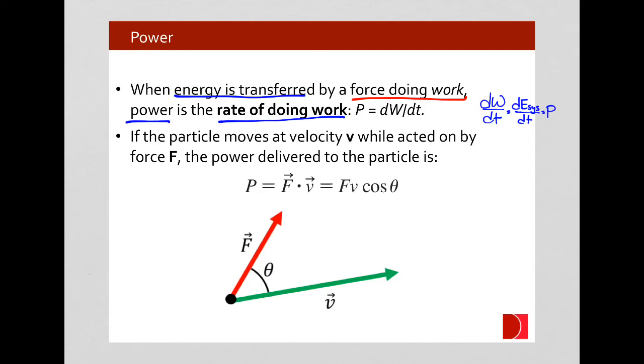We've talked about the work done by a force as the force times the displacement times the cosine of the angle between the two, as part of the dot product.